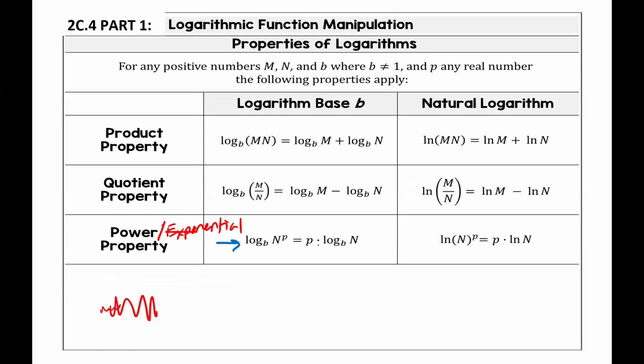When you're using power, I'm taking the coefficient and making it a power. This one's saying I'm taking the power and making it a coefficient. It just depends on which one you're doing. If I'm expanding, I'm going to make it into a coefficient. If I'm condensing, I'm going to make it into a power.